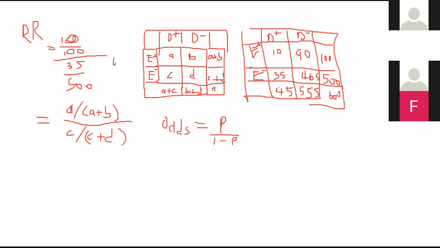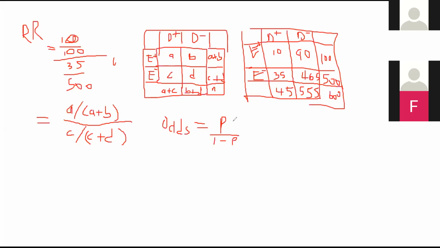So now, if you want to calculate the odds ratio, among these people that have the disease, we have 10 here. These 10 people are the people that smoke. These 35 are the people that did not smoke. Among them, 10 smoked, 35 did not smoke. If you want to talk about the odds of smoking, start with the probability of smoking.